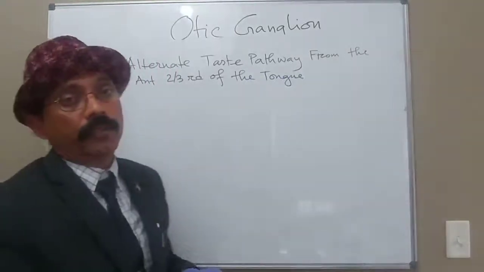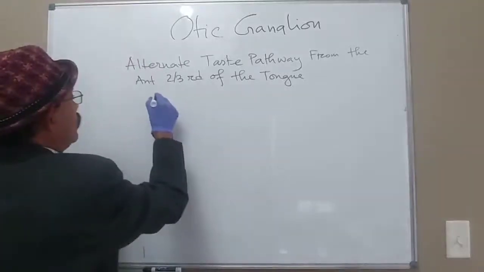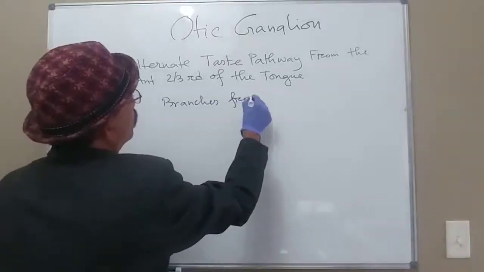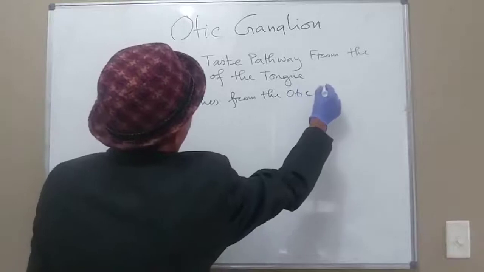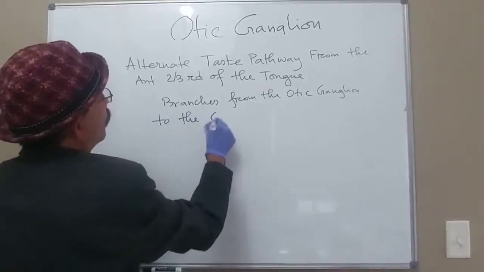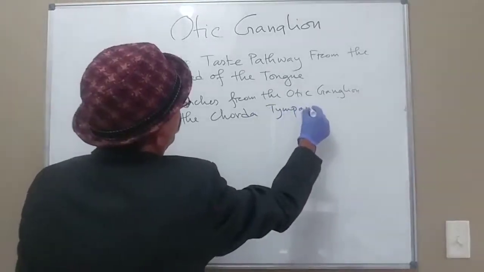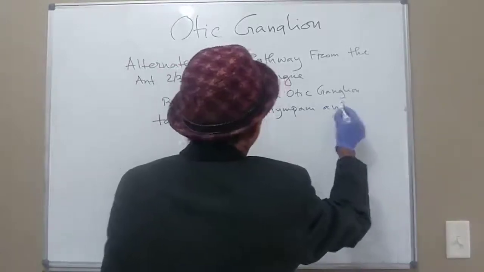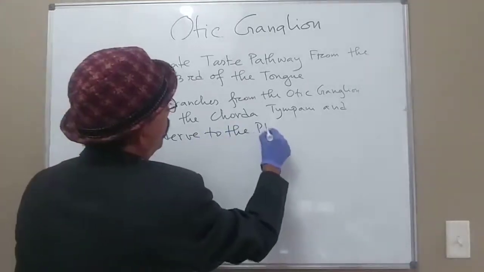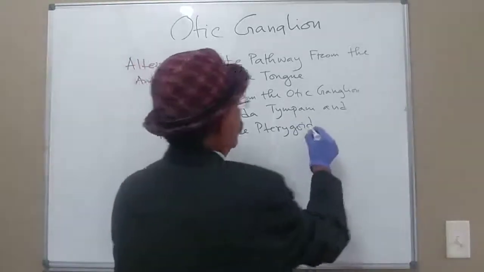This is done by two branches from the otic ganglion, to the chorda tympani and nerve to the pterygoid canal, which bypasses taste sensation through the middle ear cavity.